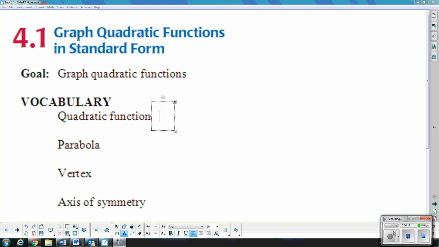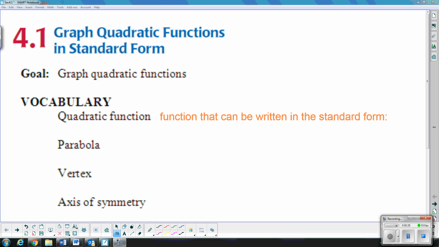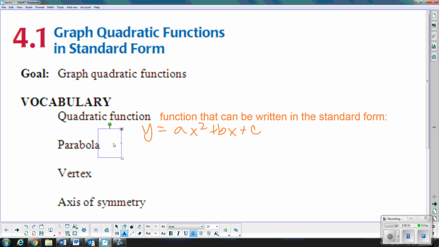Our first term is quadratic function, and that's a function that can be written in the standard form y equals ax squared plus bx plus c. And then a parabola is the graph of the quadratic function.